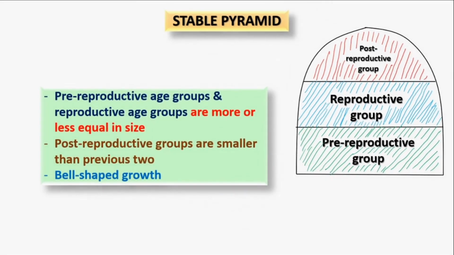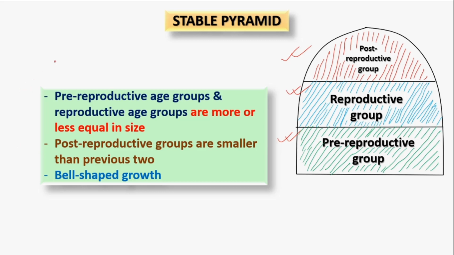As you can see in this diagram as well, here the pre-reproductive age group and the reproductive age group are more or less equal in size. That means they consist of almost equal numbers of individuals in each age group, but the post-reproductive age group is much smaller than the previous two.